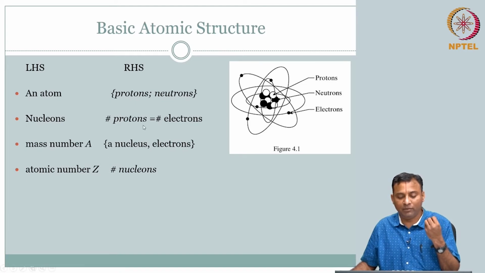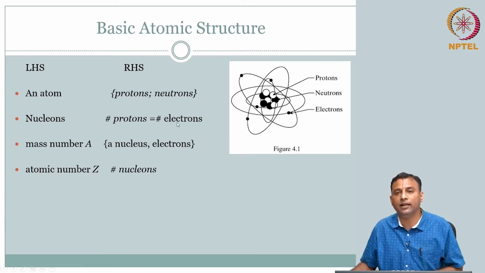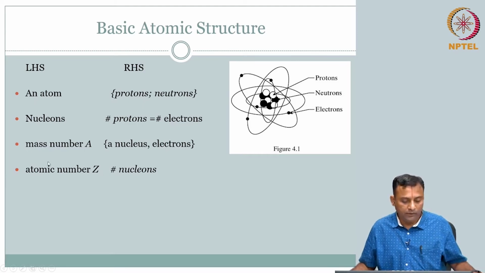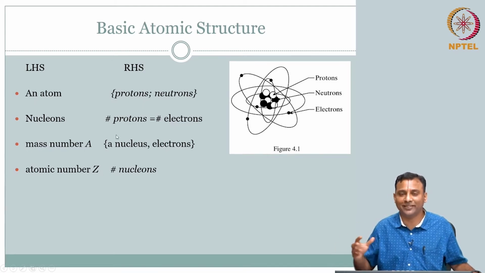So, maybe atomic number is the number of protons and number of electrons, and your mass number has to do with your nucleons, that is the number that are there inside. What are nucleons? Protons and neutrons are there, sum of those is your nucleons. Okay. So, just go brush up, it is all reasonable. I know you know it, but just to make sure, go one more time, read about it.